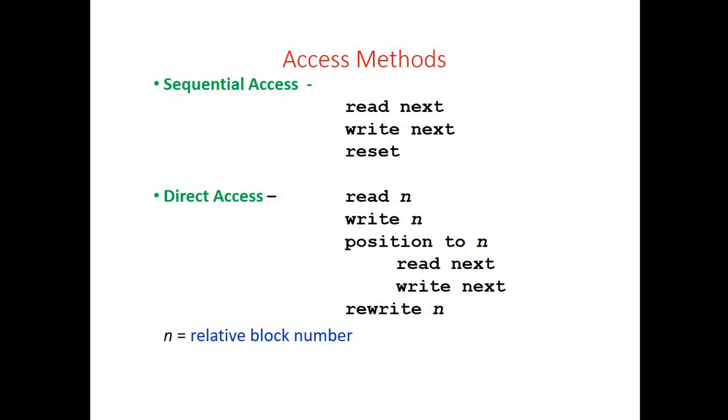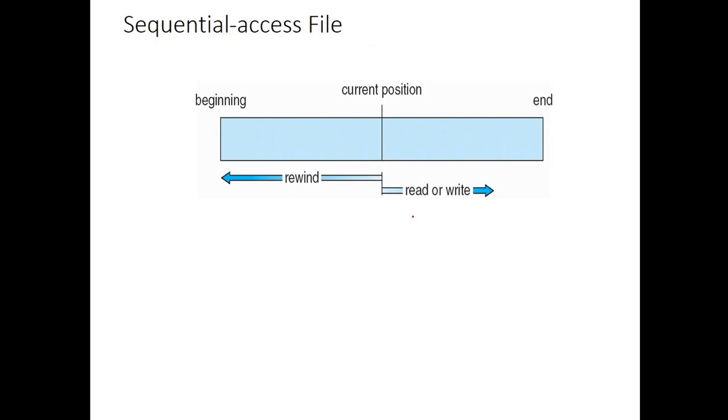File access methods. The file access methods are two types. One is sequential access, another one is direct access. Sequential access means it is like accessing the contents of the file sequentially. That means if the file contains 10 records, we can access the records 1, 2, 3, 4 up to 10. Direct access is not possible.